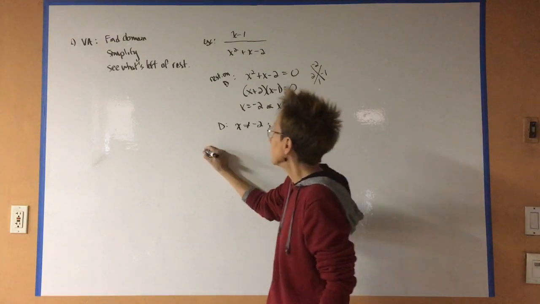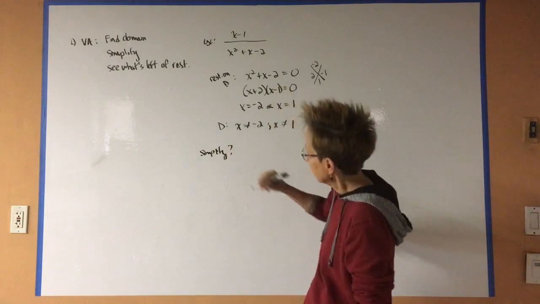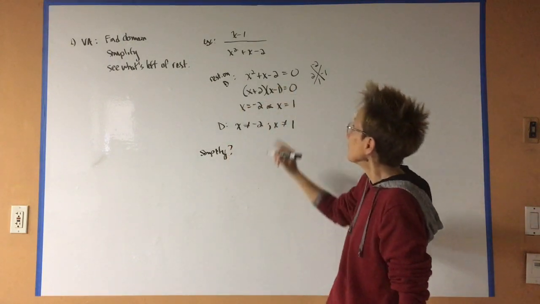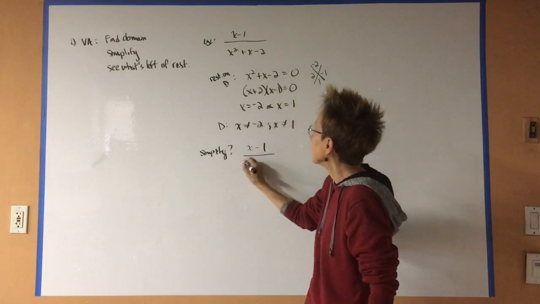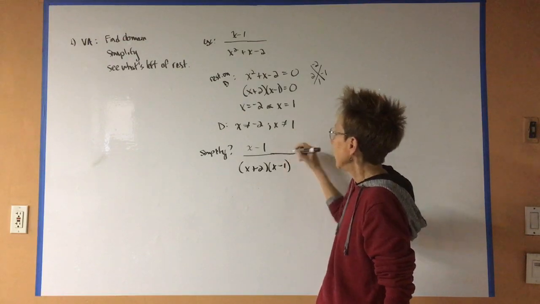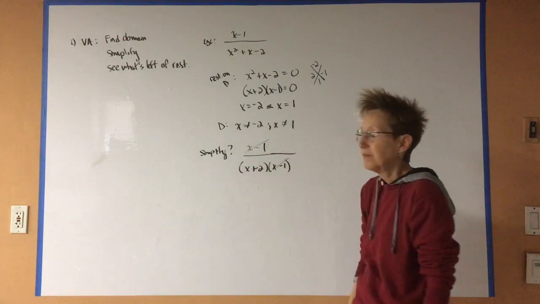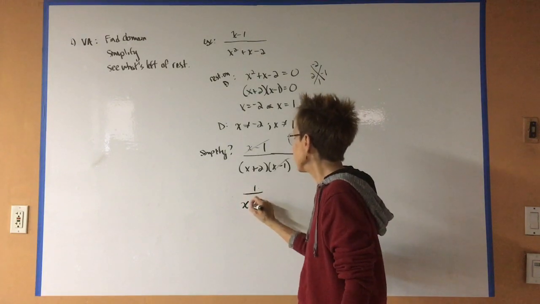So next thing I do is I ask myself, can I simplify the original function, which is x minus 1 over, remember this factored into x plus 2, x minus 1, and lo and behold, look at what we can do. We can simplify it, and we end up with 1 over x plus 2.